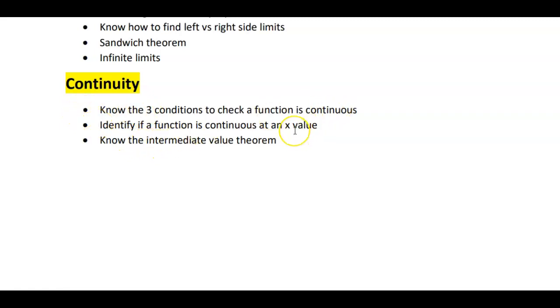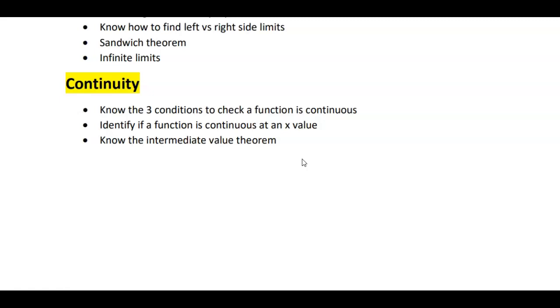Identify if a function is continuous at an x value. Over here there are 2 ways they can ask this. A common way, they put a piecewise function, and in the piecewise function there are 2 equations, and both of those equations have a and b as unknowns. So you have to use your continuity knowledge to find a and b.